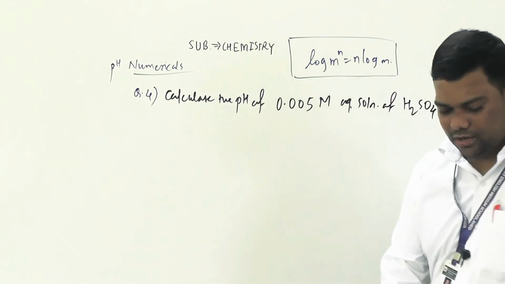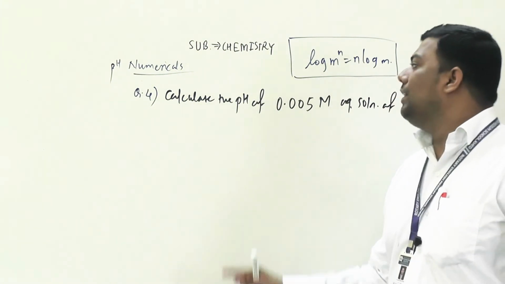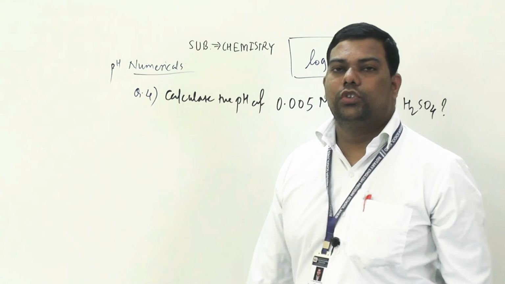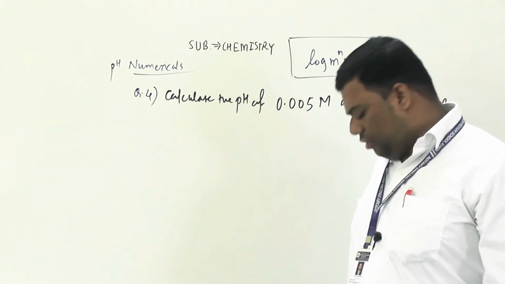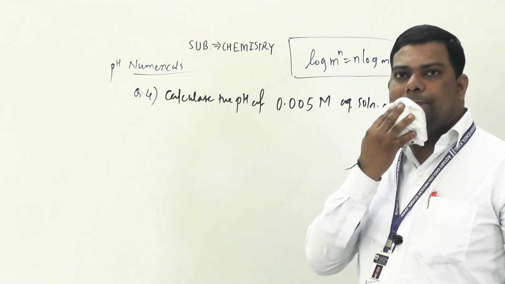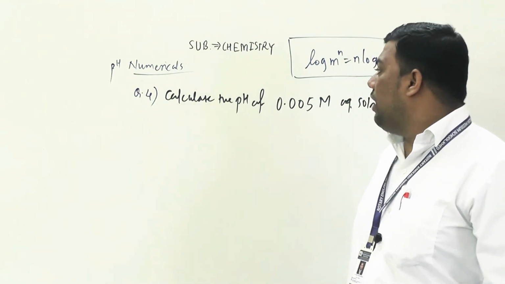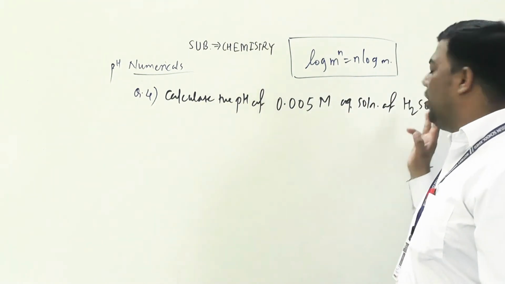So how can we calculate? Calculate the pH. So pH means what? As you know, pH is the negative logarithm of the concentration of H plus ions. So calculate the pH of 0.005 molar aqueous solution of your H2SO4.